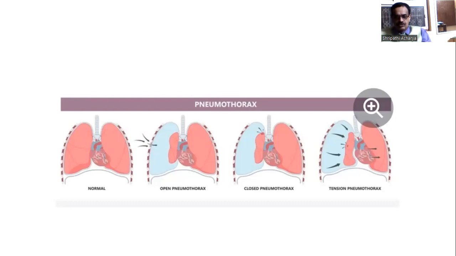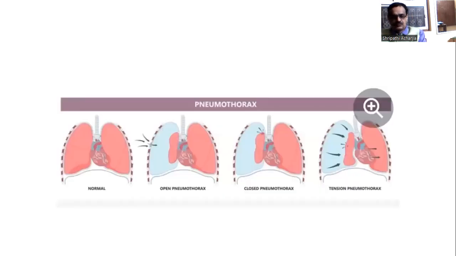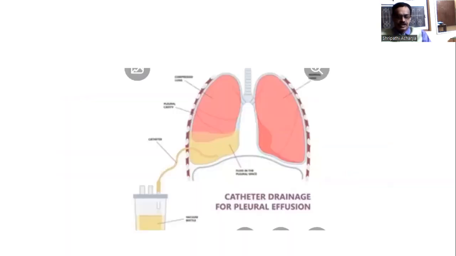Both also have right side effusion. The collapse is also there. So this is the pleural fluid after tapping, stored in a sterile vial and sent to the laboratory for analysis. You see on the right side, you can see hydrothorax or pleural effusion.